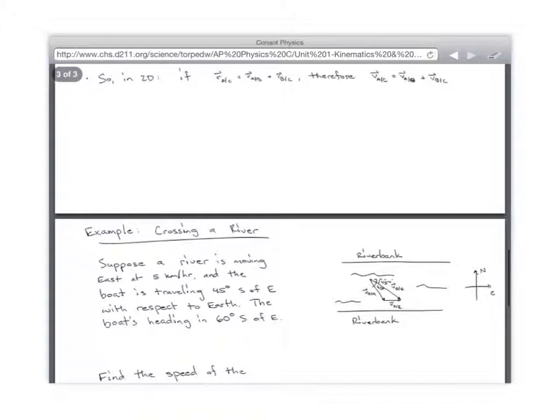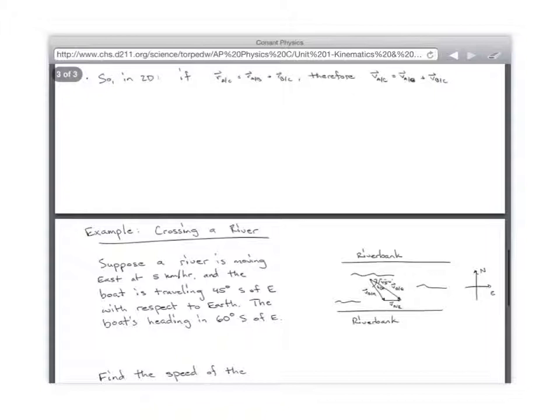So your heading is straight across the river, but the direction that you actually travel is downstream. The heading vector would be straight across, the river would have a vector that's downstream, and the resultant is diagonal, the direction that you actually travel with respect to the Earth.